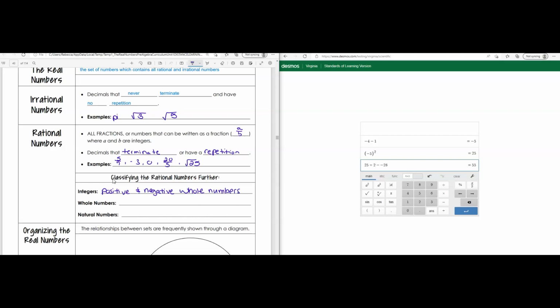These are numbers that start at 0 and go on in a positive direction forever. Natural numbers are your counting numbers. When you first learned how to count, you started with 1. These numbers also start at 1 and go in a positive direction forever.